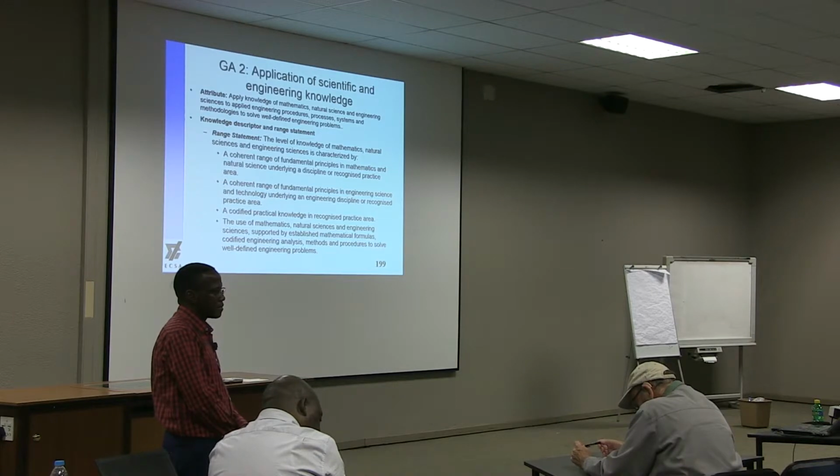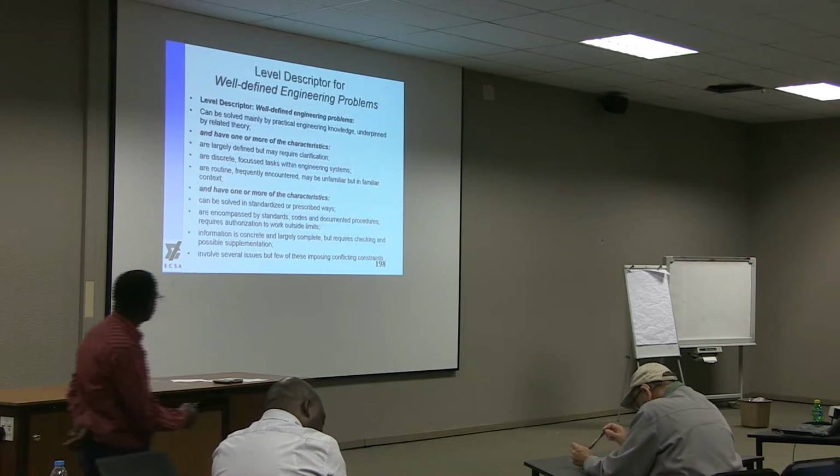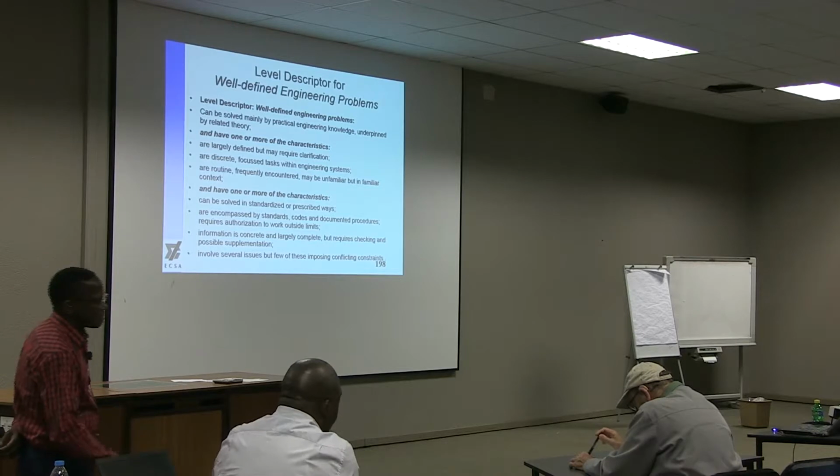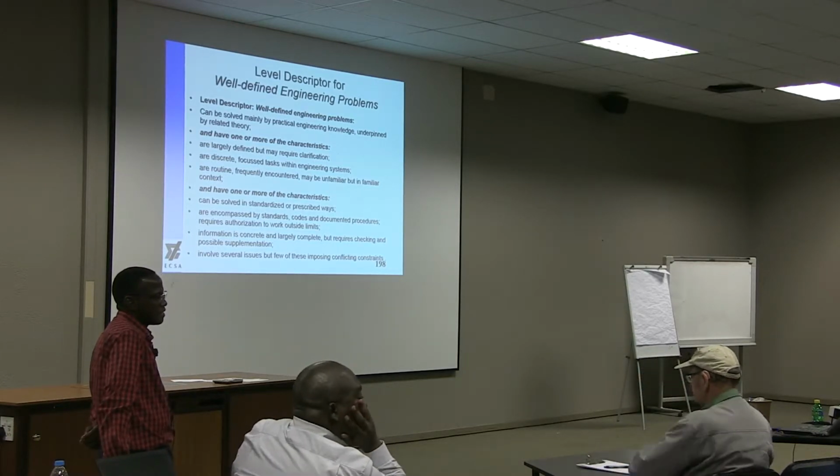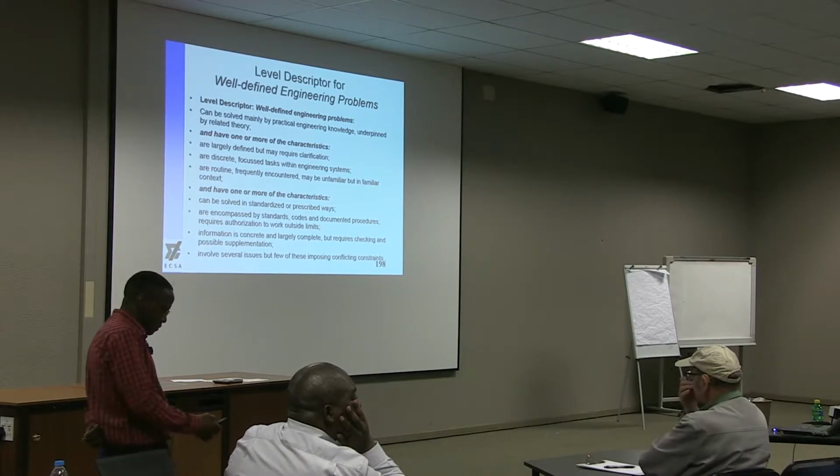If, as a knowledge provider, I say this is well-defined, but the assessor feels slightly different, it becomes a bit subjective. I know you've got those descriptors there. Yeah, that's not a problem. So that's the one point.